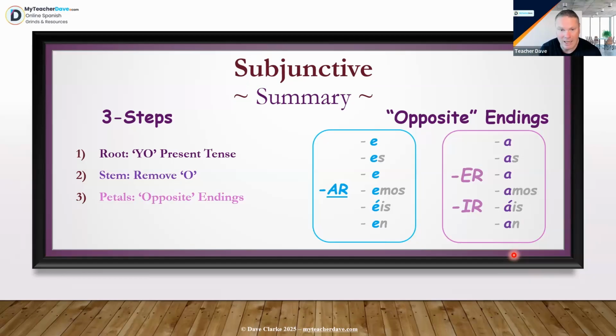You don't need to know anything else now to form any regular verb of the subjunctive in Spanish in the present tense. There are 2 more things that you have to cover to really nail this whole topic. One is the stem changing verbs or the radical change in verbs, and then the fully irregular verbs.